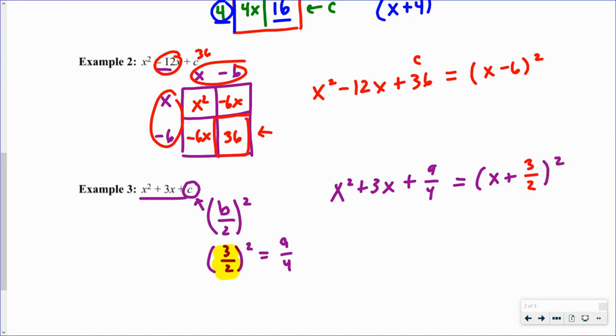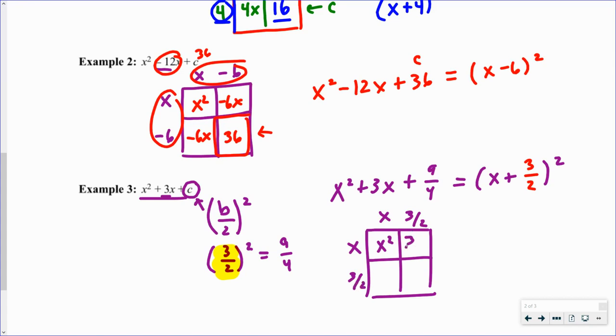Now, again, if we go ahead and use the area model to do this, we're going to see that this is verified. So x by x to give us our first term, x squared. And now we're going to take 3 and divide it by 2. So 3 over 2 and 3 over 2. We get 3 over 2 x, 3 over 2 x.